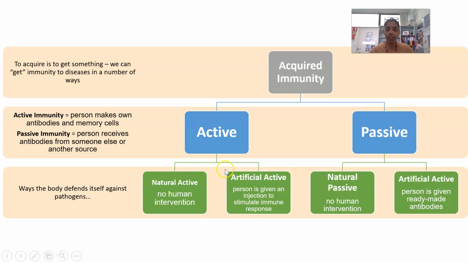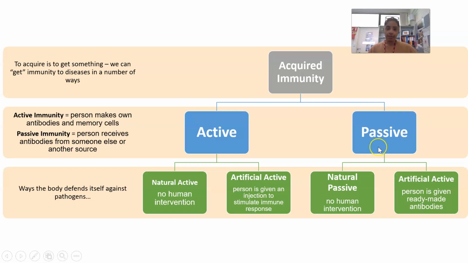All right, so looking at the syllabus points here, there are 2 types of immunity that you can get or acquire. You can have active immunity, so as that name suggests, your body is actively making its own antibodies and memory cells. Or we can have passive immunity. So the word pass at the front, just if you imagine someone's passing you ready-made antibodies.